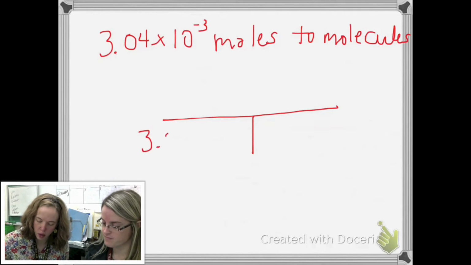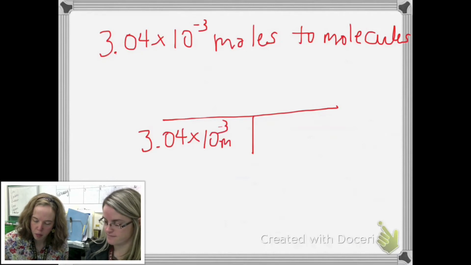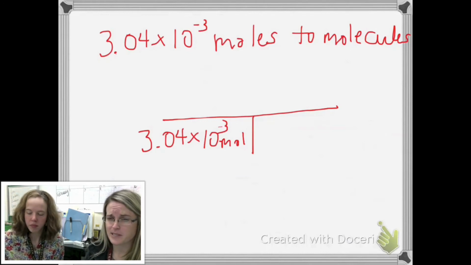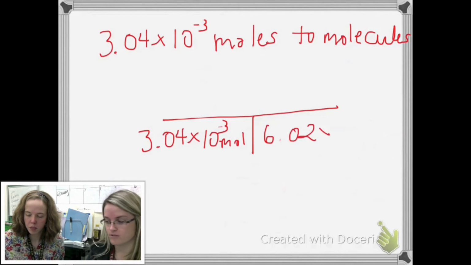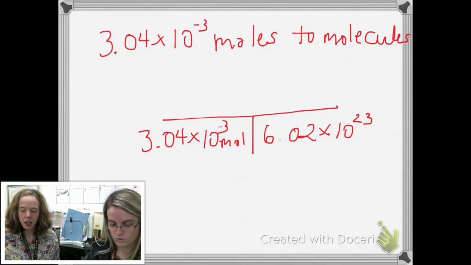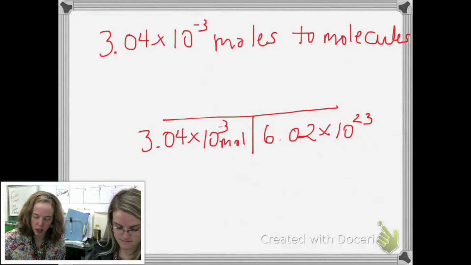So we're going to have 3.04 times 10 to the minus 3 moles. And what else always has to be in this triangle? The constant number, 6.02 times 10 to the 23rd, Avogadro's number, because we've got a mole. And so we've got 6.02 times 10 to the 23rd of something. Side by side, I multiply.